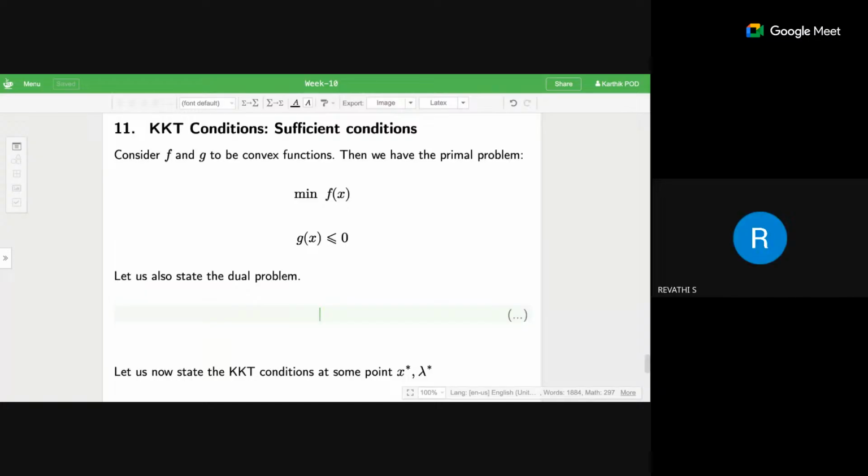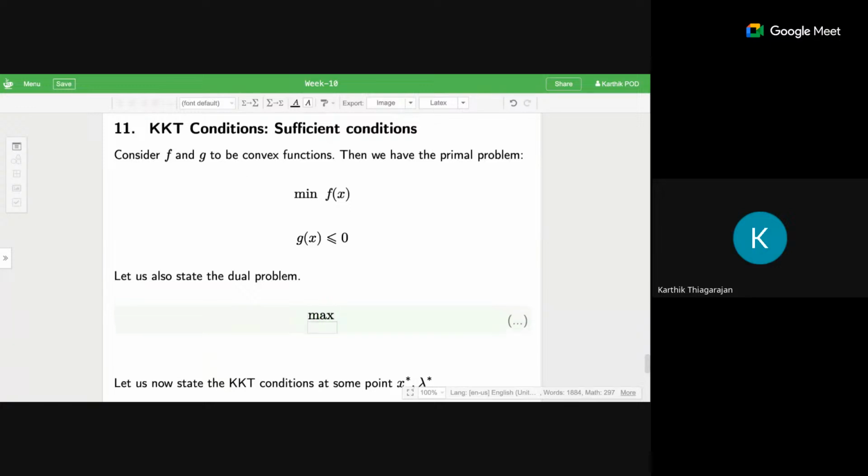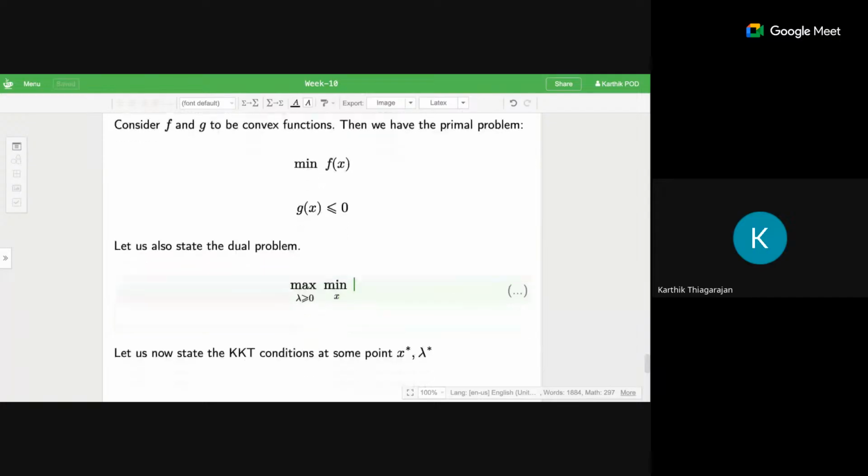Maximize over lambda greater than or equal to 0, minimize over x. What do you minimize? The Lagrangian, so f of x plus lambda g of x.